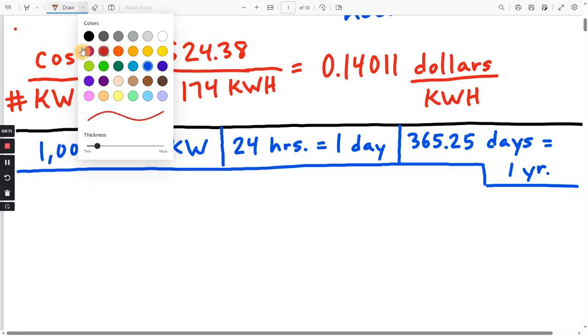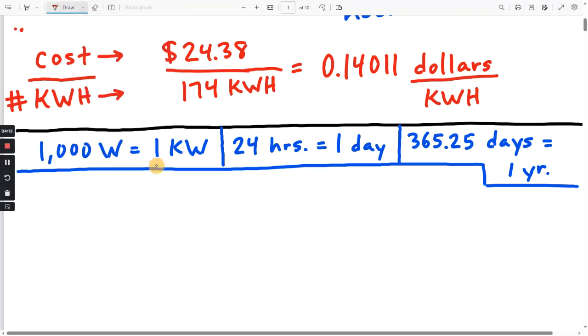Anyhow, when you have something equals something in terms of a conversion factor, you can multiply by 1 over the other. In other words, you can put 1 in the numerator and 1 in the denominator, depending on which units you want to cancel. So let's start with the answer that we just got.